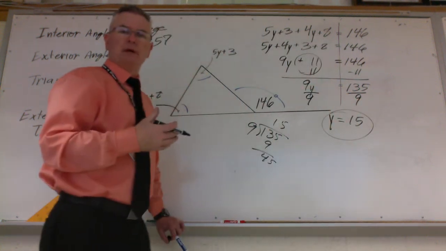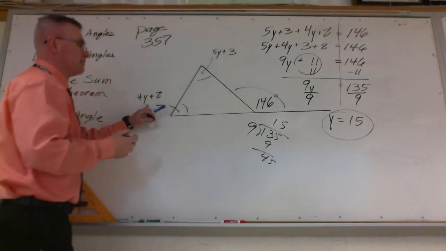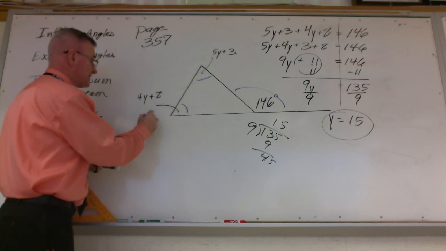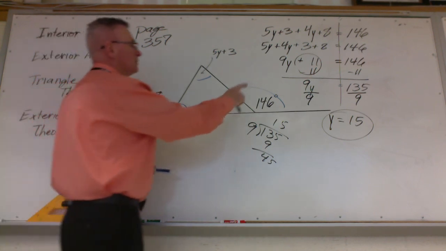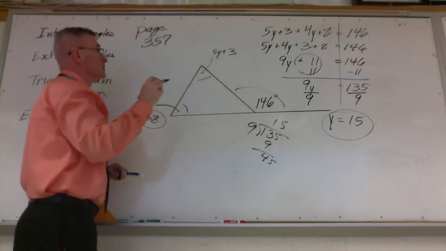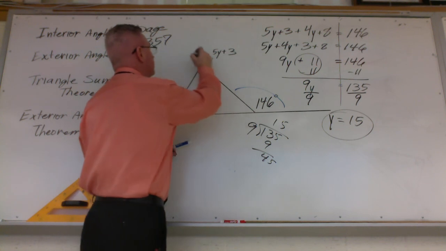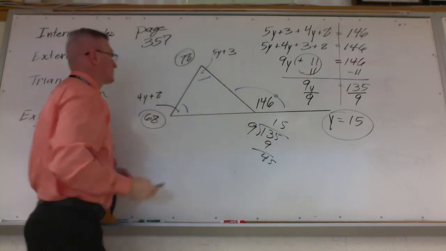What does that do for me? Well, that means that this y is 15. Well, 4 times 15 is 60, plus 8 is 68. So we're thinking this one's 68. 15 times 5 is 75, plus 3 is 78. Does that make sense?